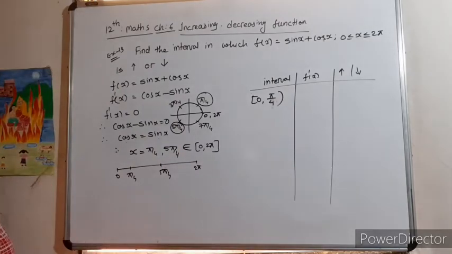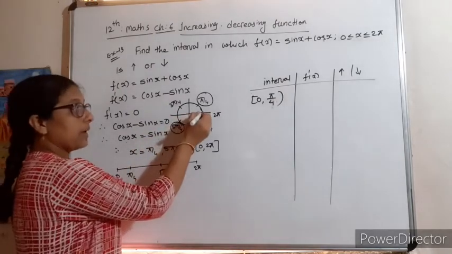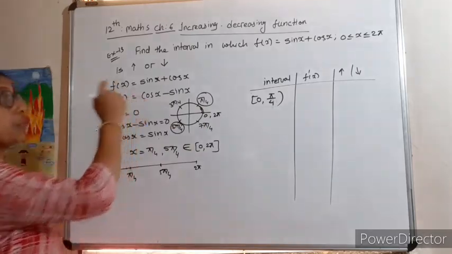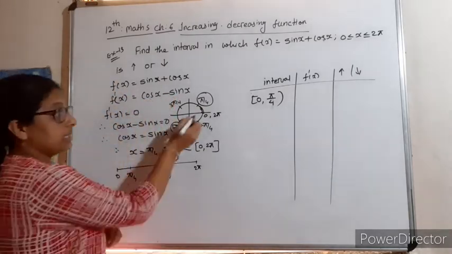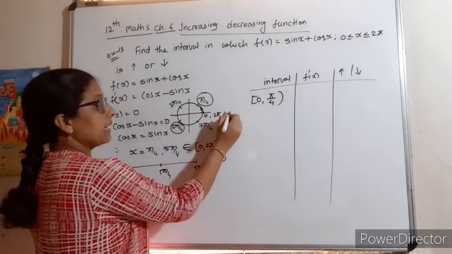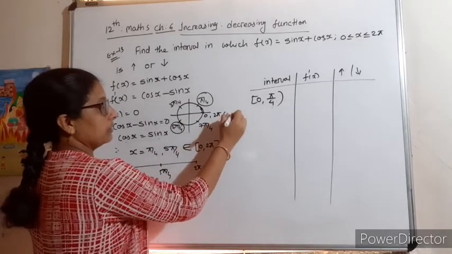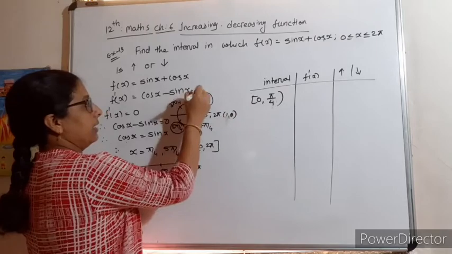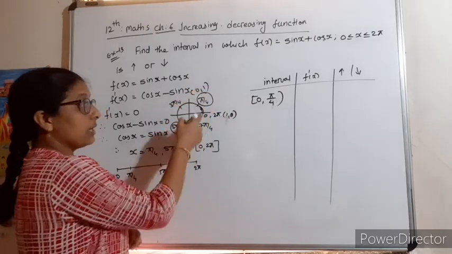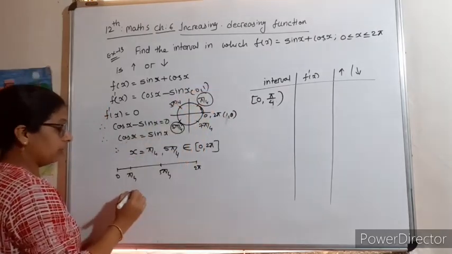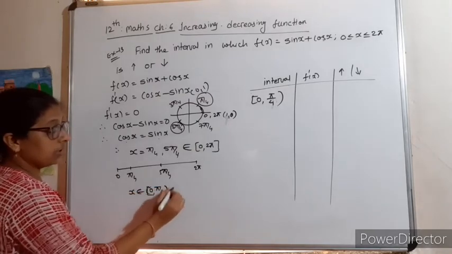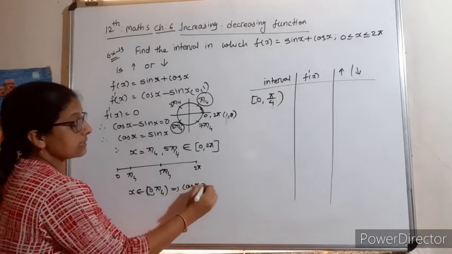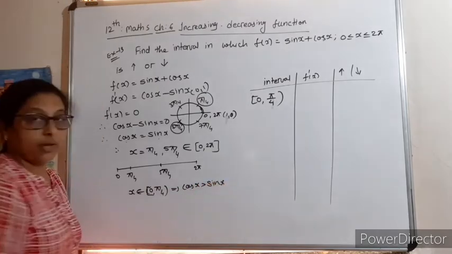That is closed at 0 and open at pi by 4. It is the first. Now in 0 to pi by 4, you have to check whether f dash x is positive or negative. Here it is 1, 0, you know that, and here it is 0, 1. So when x belongs to 0 to pi by 4, cos x is greater than sin x, you know that.